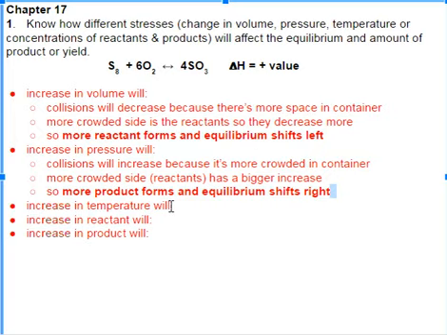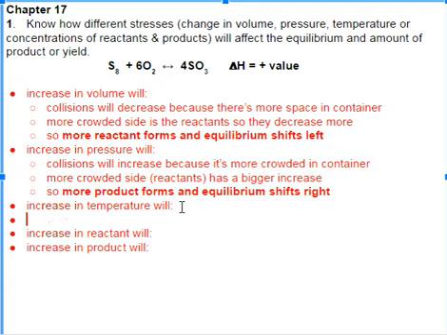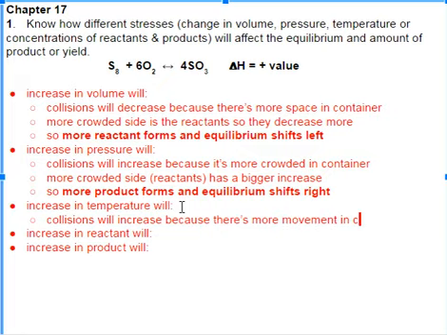Increase in temperature. Increasing temperature, again, is always going to increase collisions. So the collisions are going to increase because there's more movement, and again, in the whole container, so there's more movement on both sides.